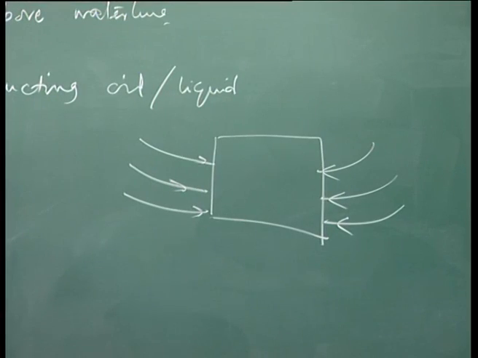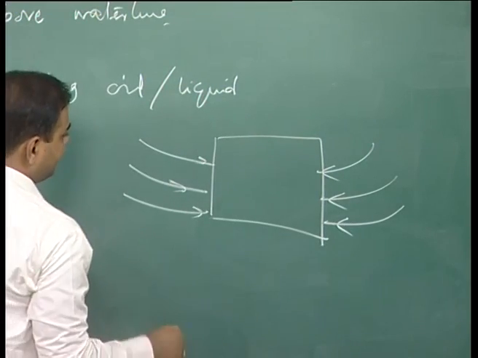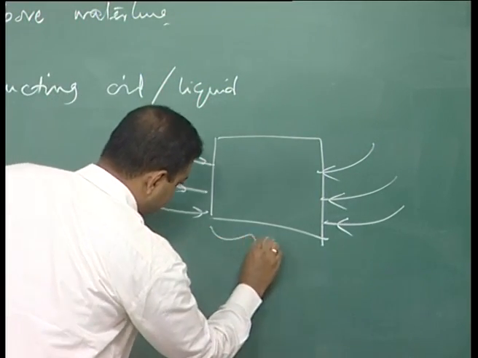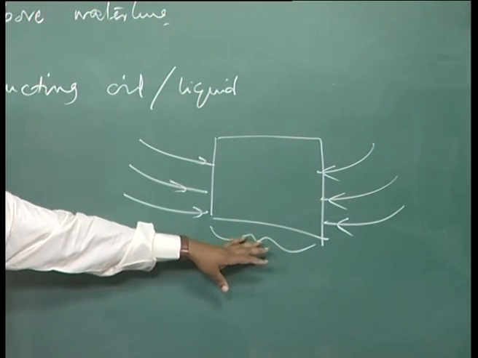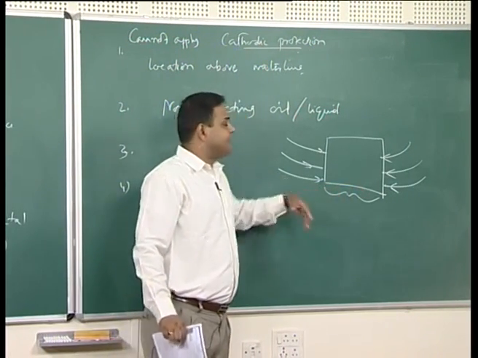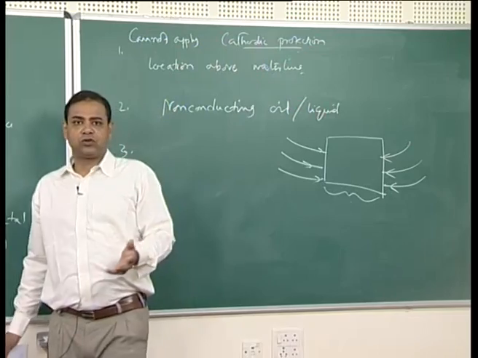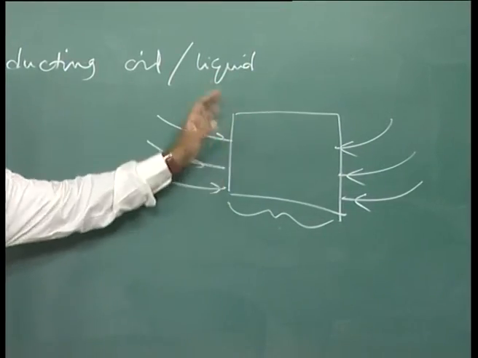Now, if current is entering throughout the outer surface, but not entering into this part, this part will not be under cathodic protection. So, corrosion can still continue on this part, and the other part where the current is entering will be protected.